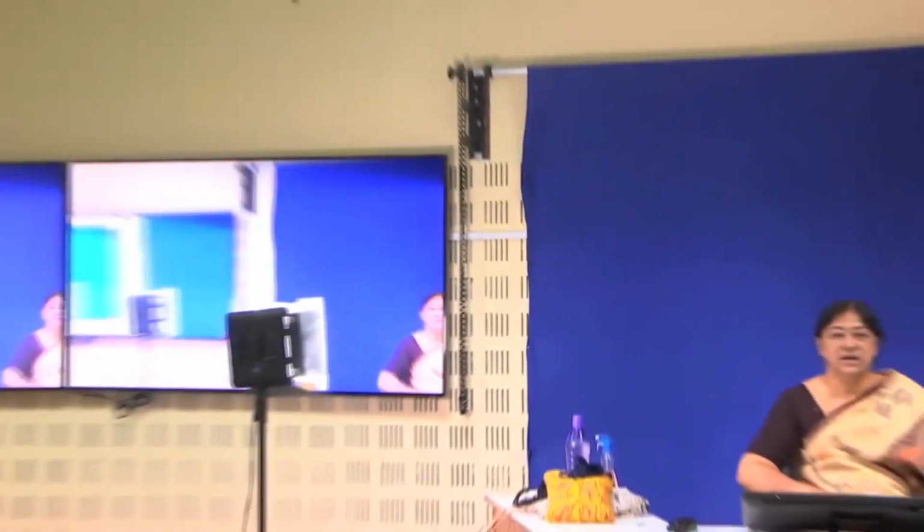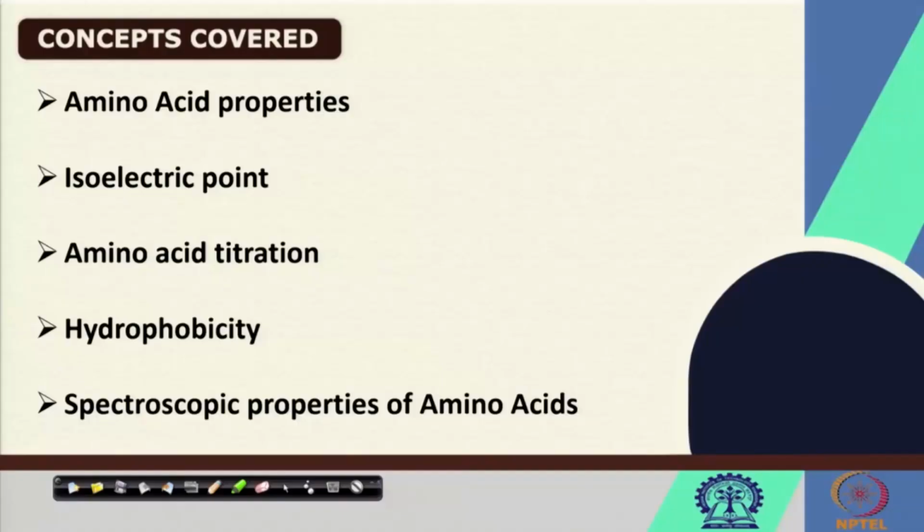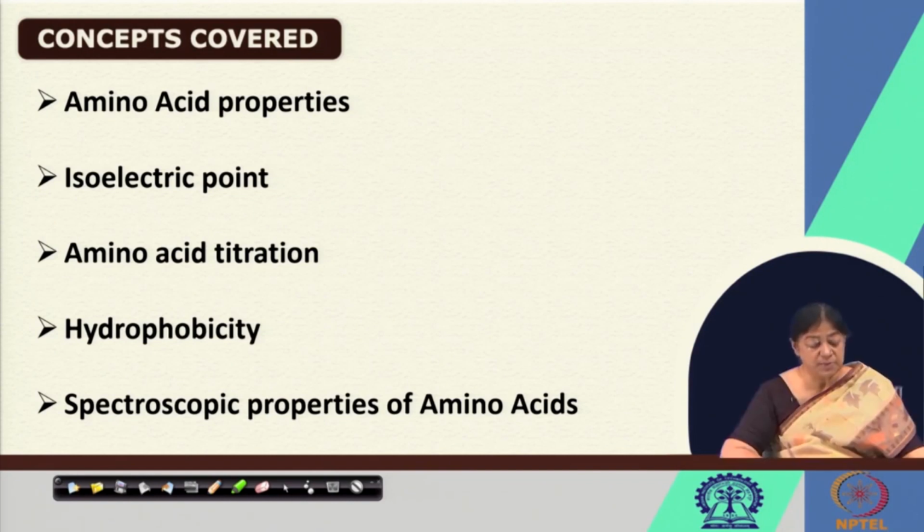To understand these, we have listed a set of properties: the isoelectric point, amino acid titration, which is going to help in an understanding of how we look at amino acids, what their structural properties are, the hydrophobicity of these properties of the amino acids, and the spectroscopic properties, which we will do in the next lecture.